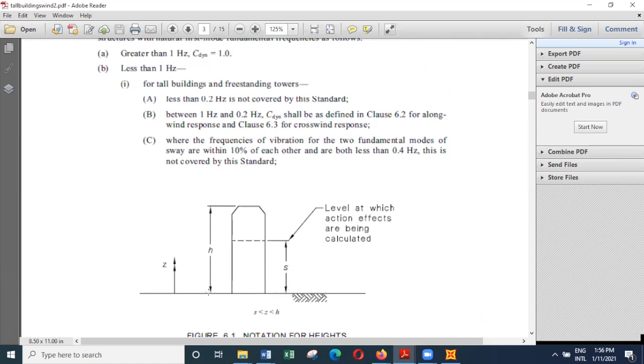H is the total height of the building, Z is measured in the vertical direction, and S is the level where you are calculating the effect of the actions.